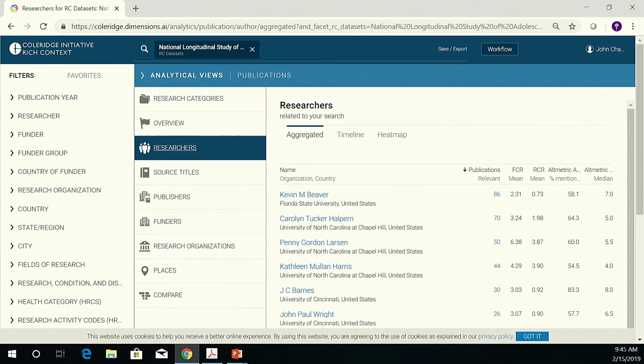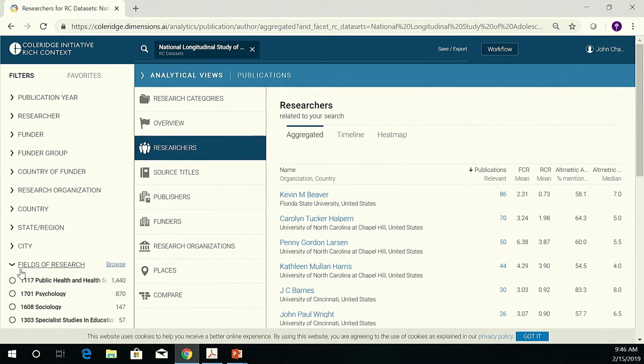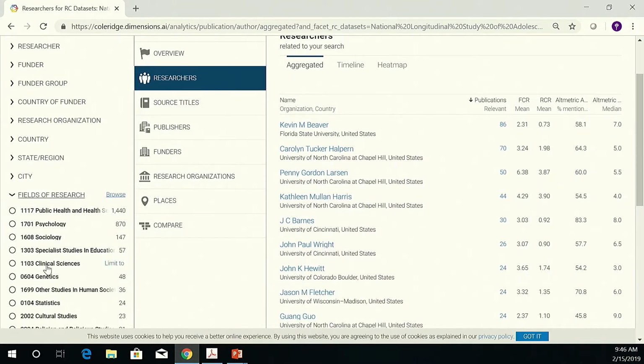You can also do some interesting filtering. Not that much data in this tool yet, but as we get more data in here, say you're trying to identify somebody working on a topic of interest to you with a particular data set. What we could do is take a look at what are the research fields associated with the publications around this particular data set?